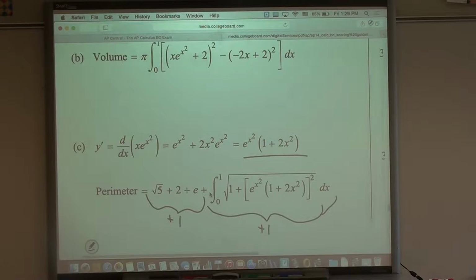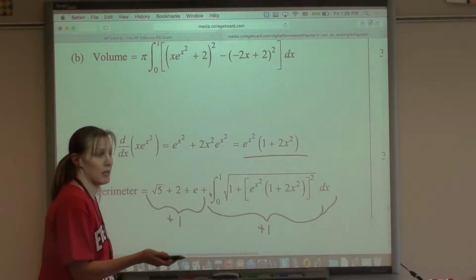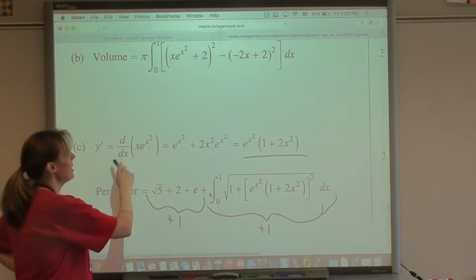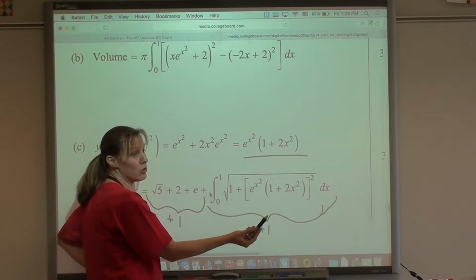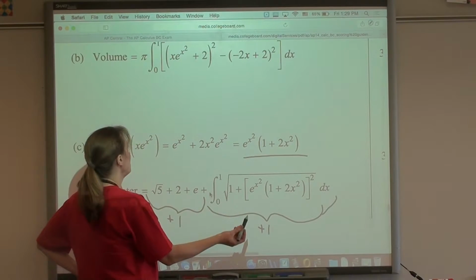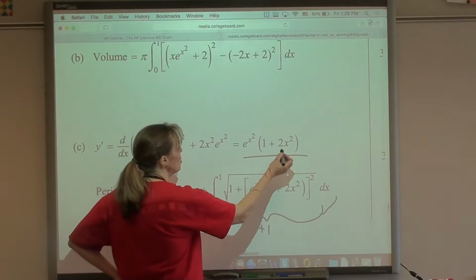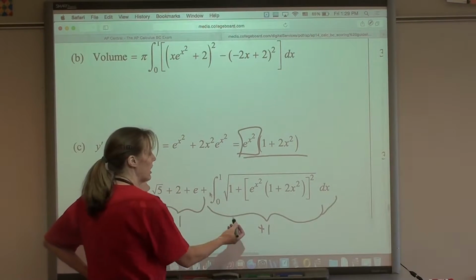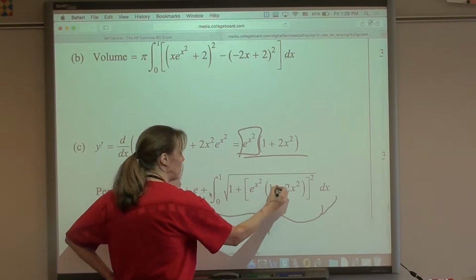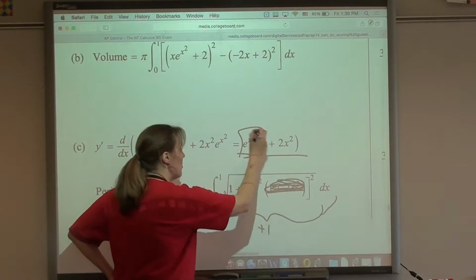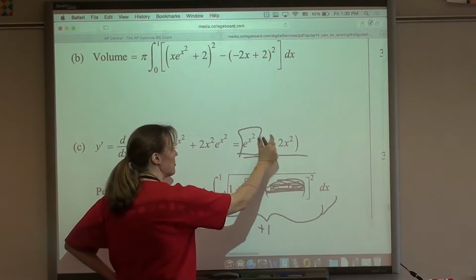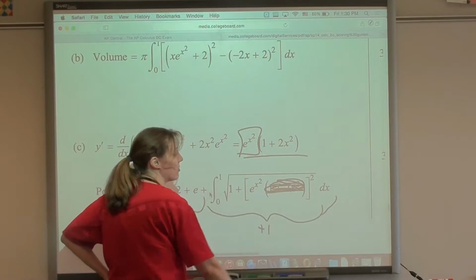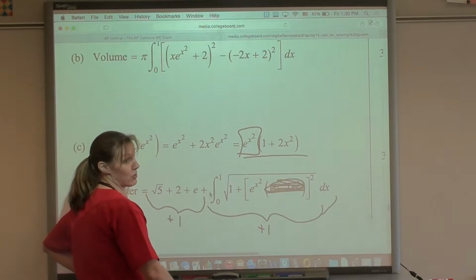And the other thing to think about, Jack, along your question, is sometimes, say you messed up the derivative, say you didn't use product rule, and you just said the derivative was e to the x squared. Sometimes if you have the correct arc length setup using whatever derivative you got, they would probably still give you the point for the integral and just not for the derivative.